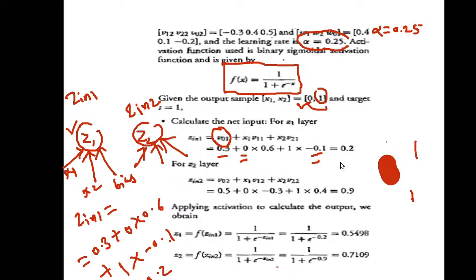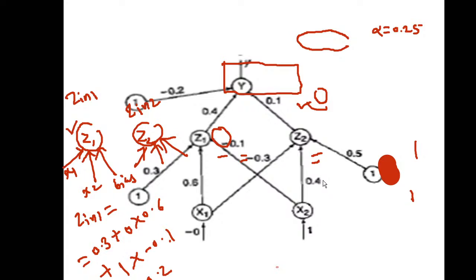So if you see here, this is z1. If we want to calculate, let's calculate from here only.